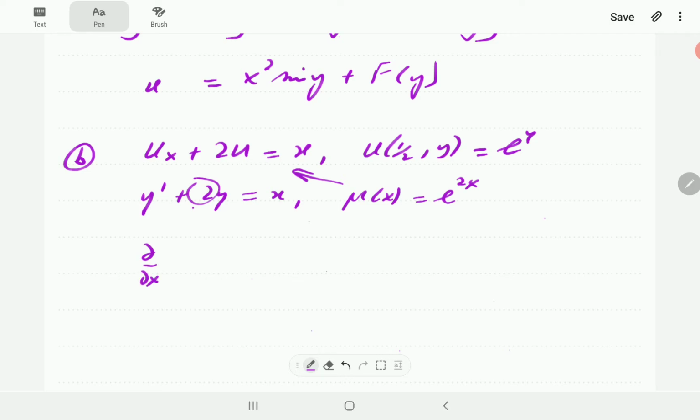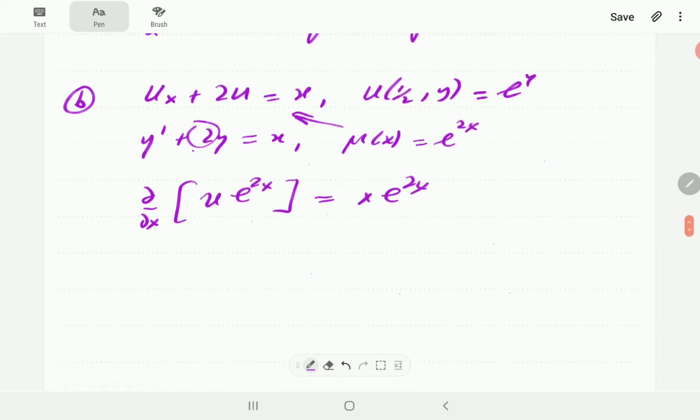If we multiply both sides by e to the 2x, the left hand side is going to be u e to the 2x is equal to x e to the 2x. And then if we integrate on both sides partially with respect to x, the left hand side is going to give us u e to the 2x. This side is going to give us the integral of x e to the 2x dx.